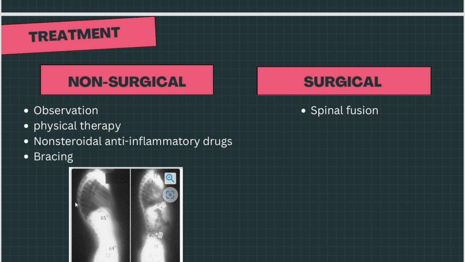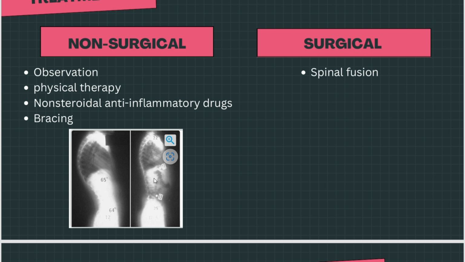The specific type of brace and the number of hours per day it should be worn depend upon the severity of the curve. Patients wear the brace until they reach skeletal maturity and finish growing. As you can see, the brace makes a big difference after wearing it.